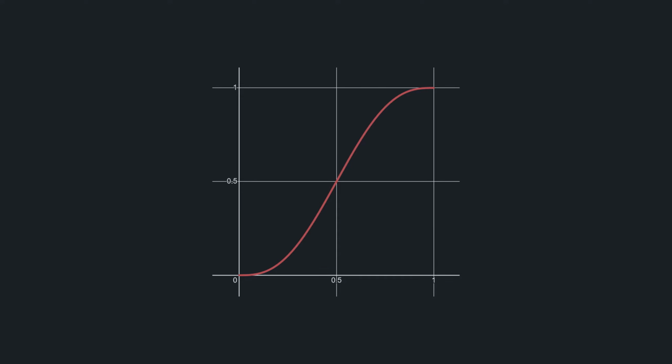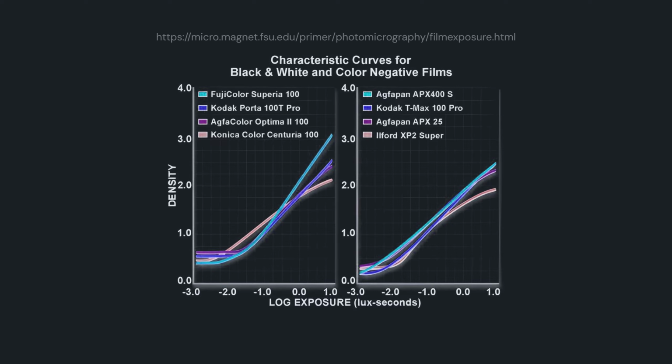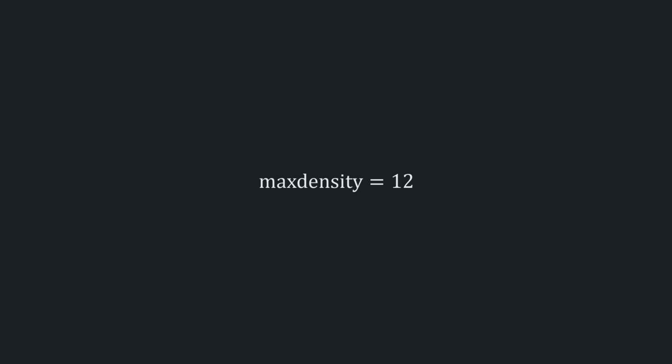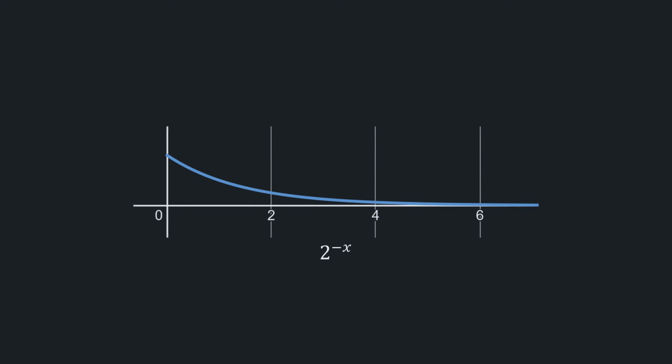We then took the output from the sigmoid function and multiplied it by the maximum density of our pixel, which we arbitrarily set to 12. Finally, we used a basic 2 to the power of negative density function to get the approximate brightness of the pixel after being developed.